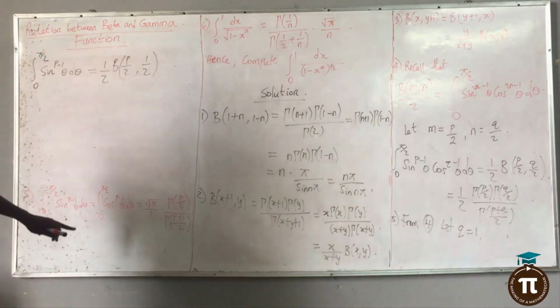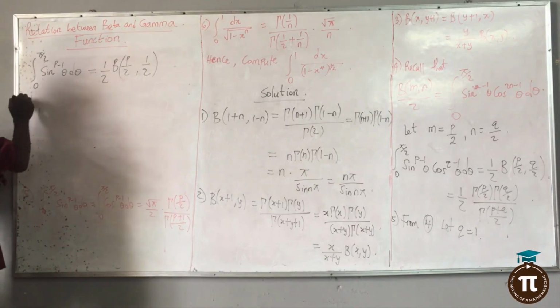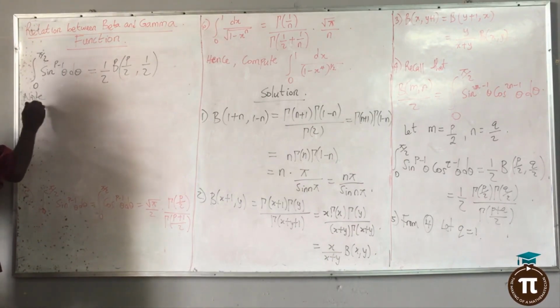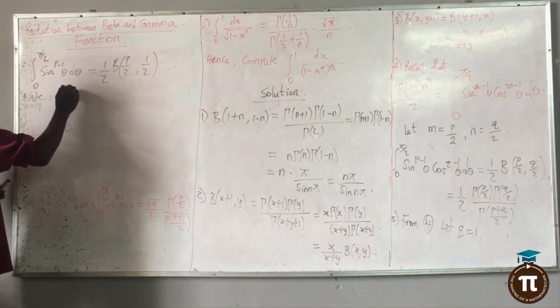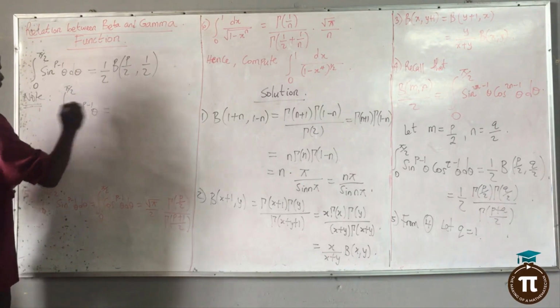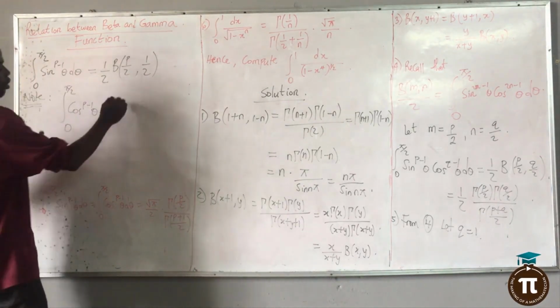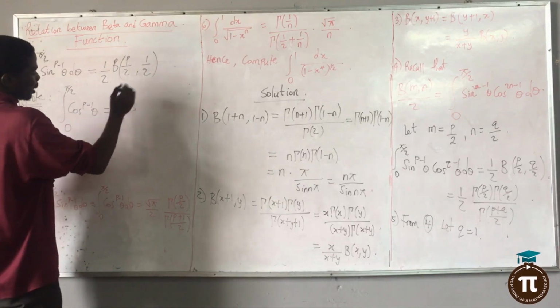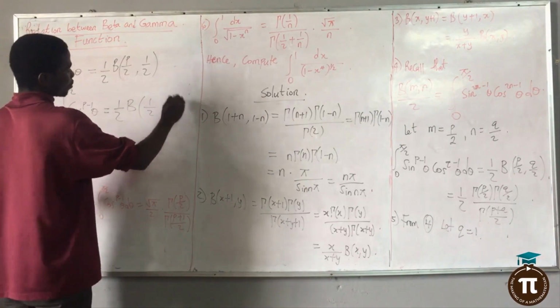The same applies to this one. Don't forget, note the integral from 0 to pi over 2 of cos p minus 1 theta will similarly be 1 over 2 beta of 1 over 2 comma p over 2.